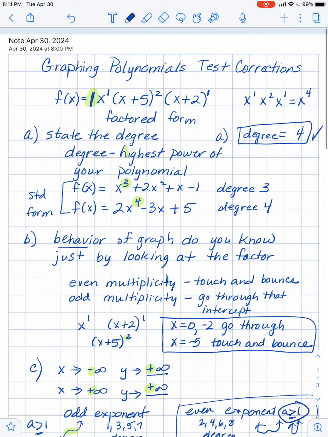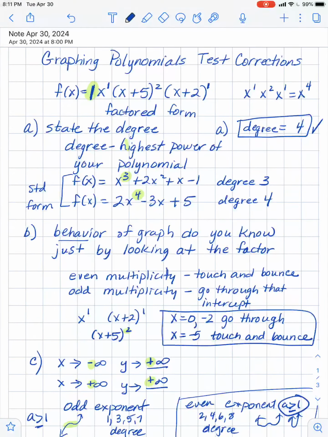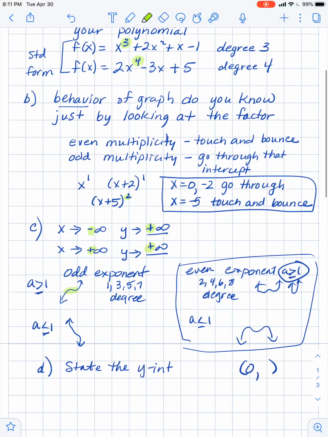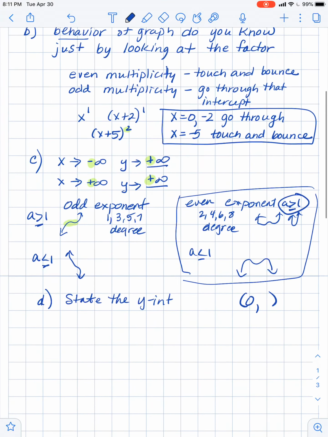Now, how do you find it in this problem? So I'm going to go back up here to my problem. Look at what I have here. If I multiply this out, guys, I'm going to have 5 squared times 2, so 50, and a lot of you gave me that. But guys, here, you've got a 0. So really it is 0 times 5 squared times 2. And let me write that all out again so you see what I'm talking about.